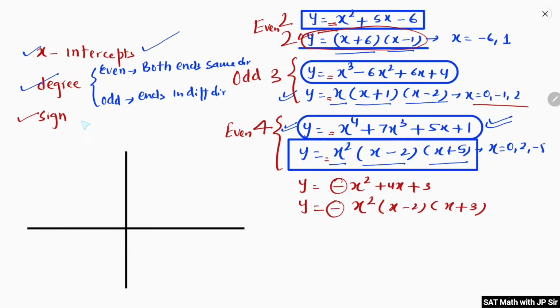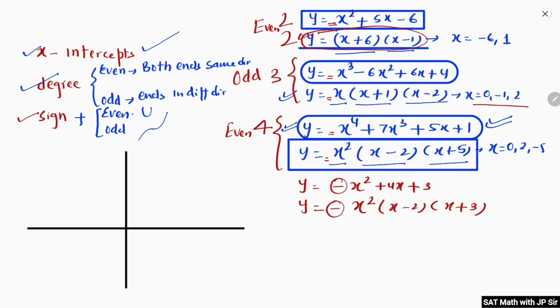Now come to this part. This is the sign. So when we have a positive sign, in case of even, the graph will be like this, and in case of odd, the graph will be like this. It will start from here and go up.